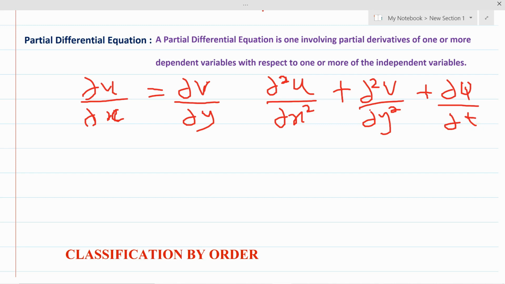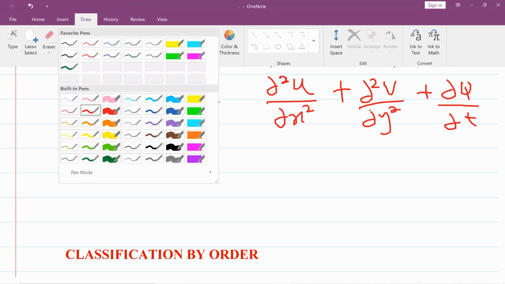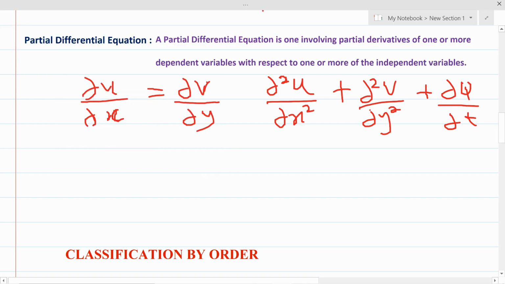So you can see that the dependent variables are how many? 3 of them. We have v here, you have u, and you have q. All of these are dependent variables, and the independent variables are what? 3 of them as well. So with this, we say we have a partial differential equation.